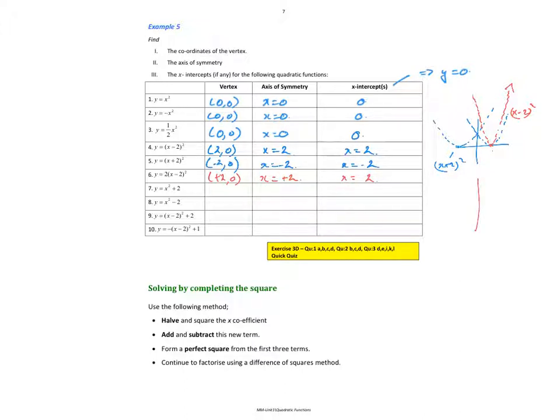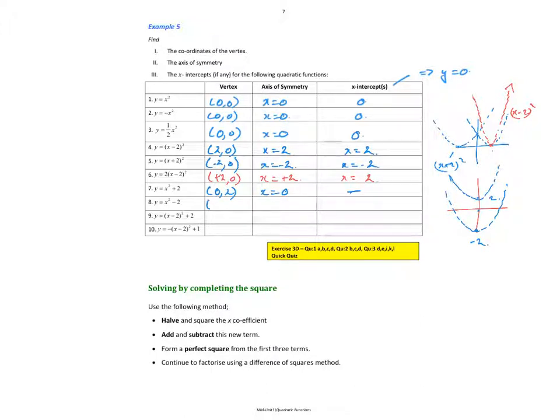Let's go to x squared plus 2 now. It's the graph of x squared shifted up 2 units. So what does that mean? It means my vertex is at 0, 2. My axis of symmetry is still at x equal to 0. And I have no x-intercepts because my graph's moved up. Compare that to x squared minus 2, where we've shifted down 2 units.